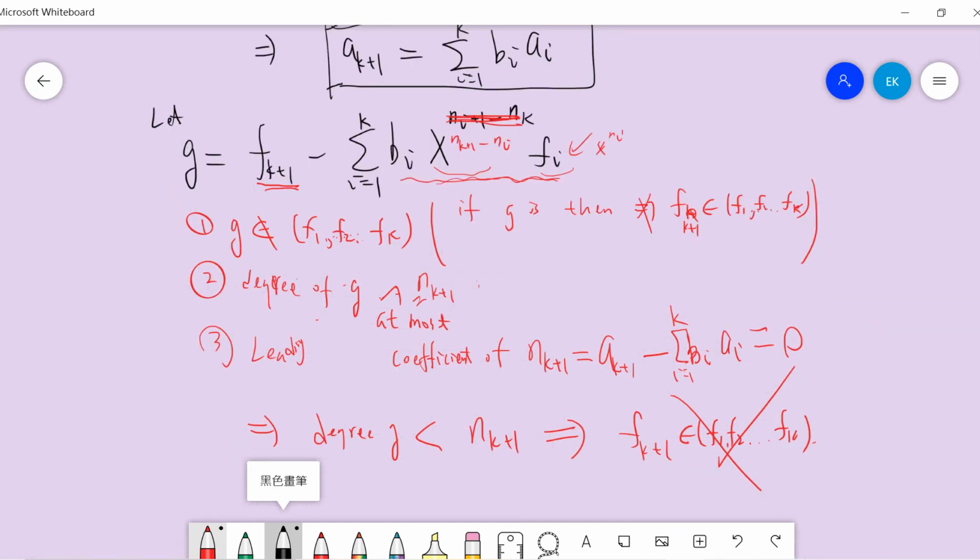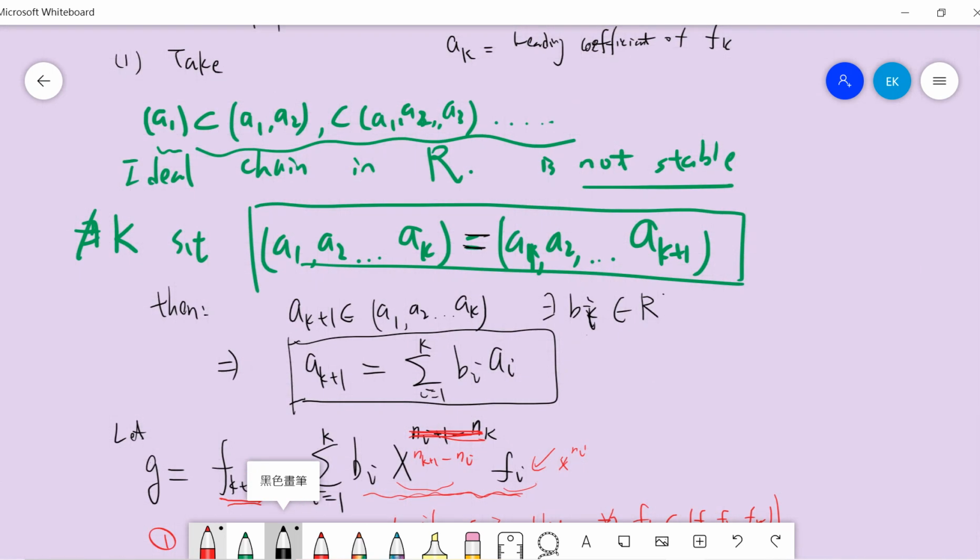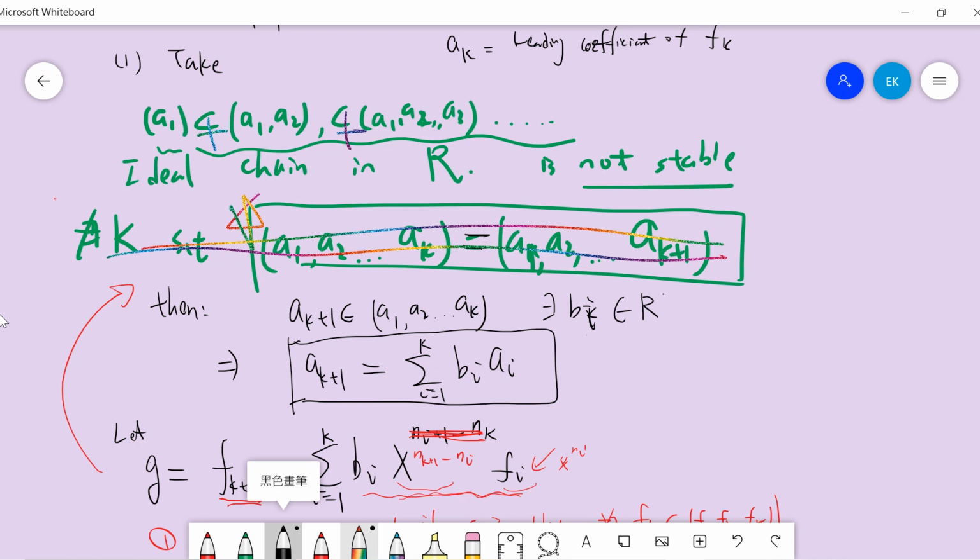So there is a contradiction here. It means this cannot happen, so the assumption is wrong, and each ideal in the chain must be strictly increasing.